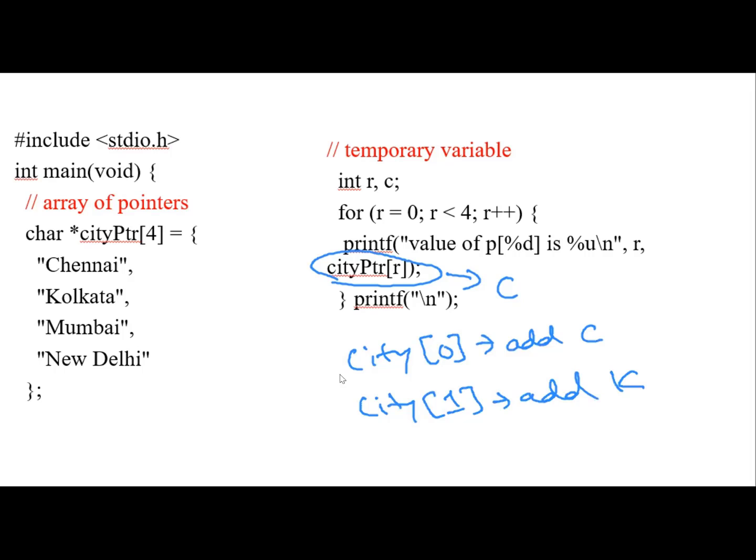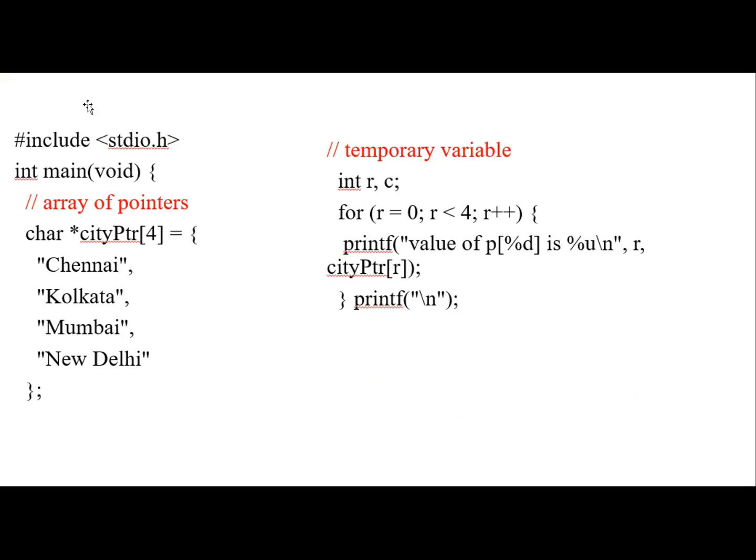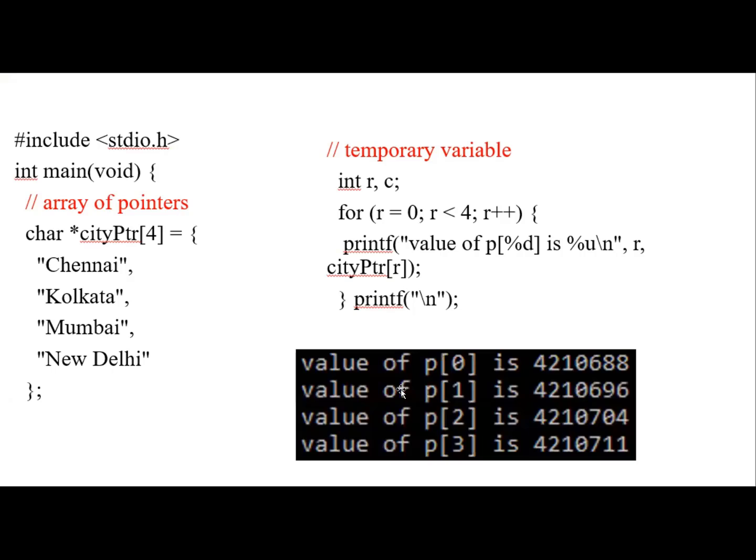Just K. If you want to print the whole, then you have to write one by one, or you can write %s, which will display the whole row. If it is %c, then you have to write ctptr of 0 plus 1, 2, 3, and so on. So this will display the value as this.